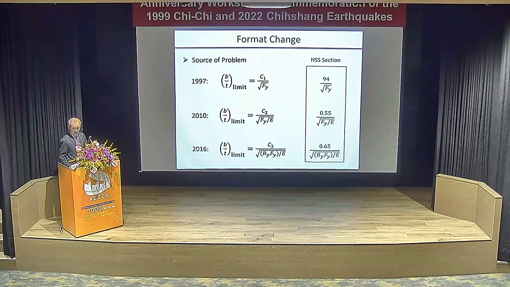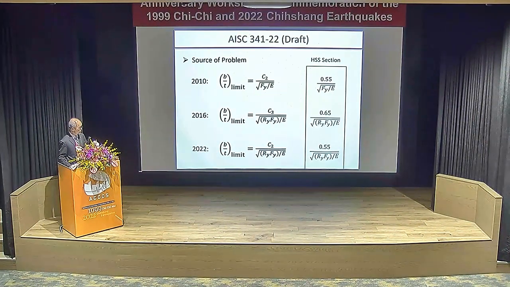And as I said in the beginning of the code update process, I said probably something is not right. In the 22 edition draft, the committee was drafting the requirement, and I claim the way we did is probably not right. Because we, the researchers, if you're a steel researcher, we know whenever we propose an equation, for example the local buckling requirement, we are actually using the measured Fy.